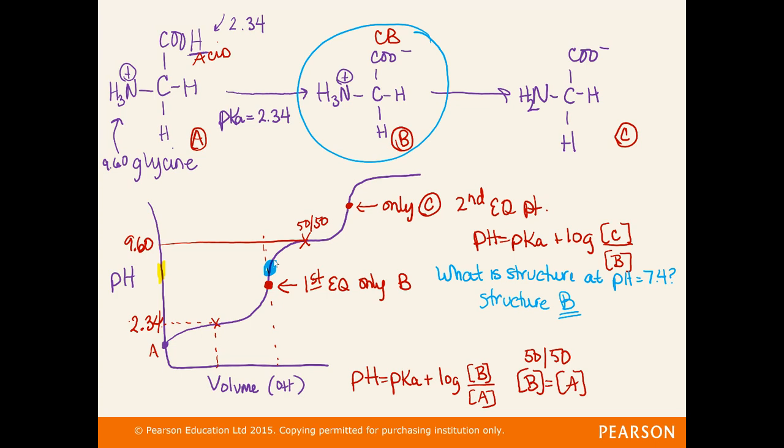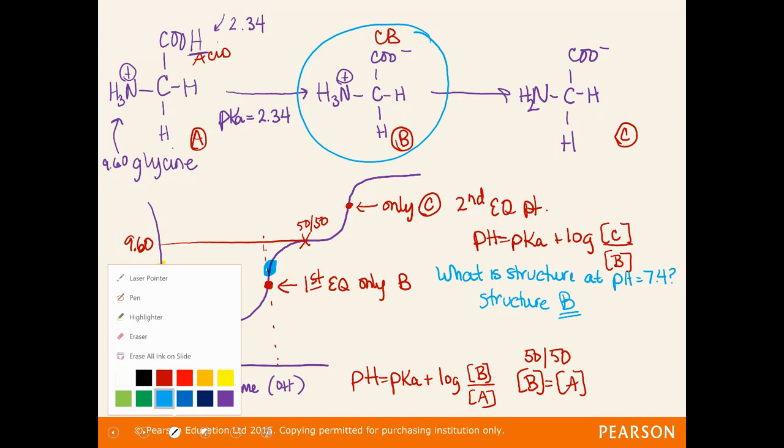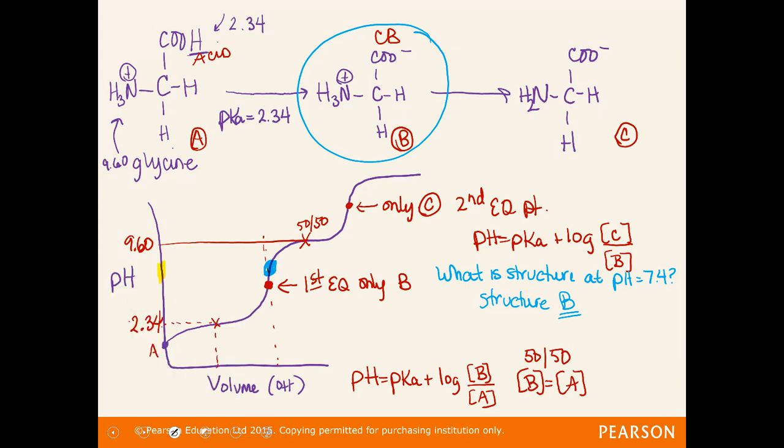One last thing that's used a lot experimentally is what's called the PI, the isoelectric point. PI is the pH where you only have the neutral amino acid.